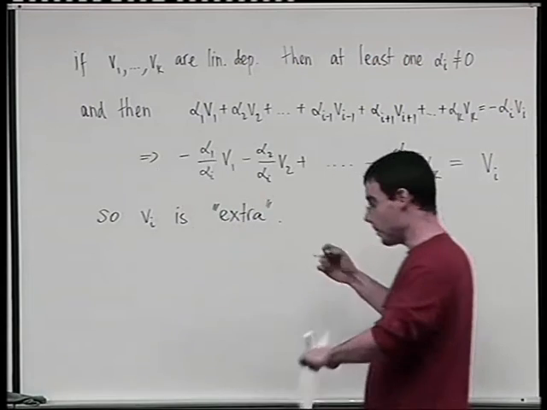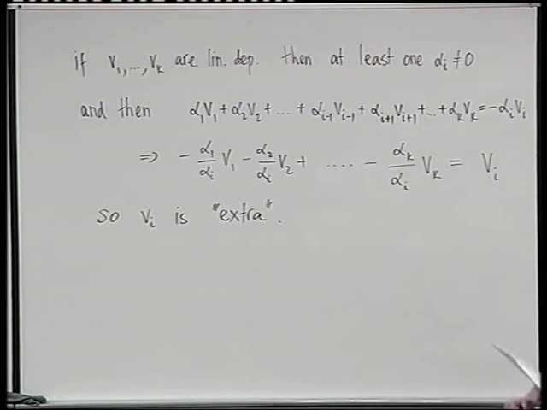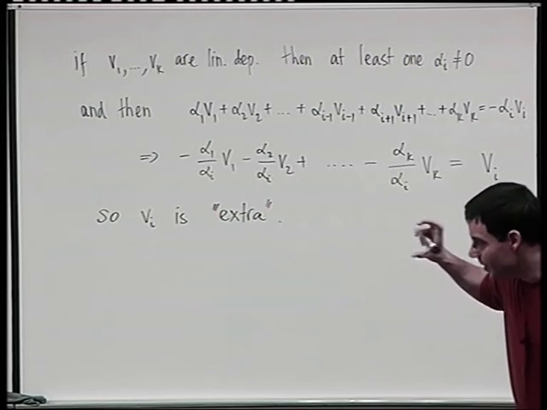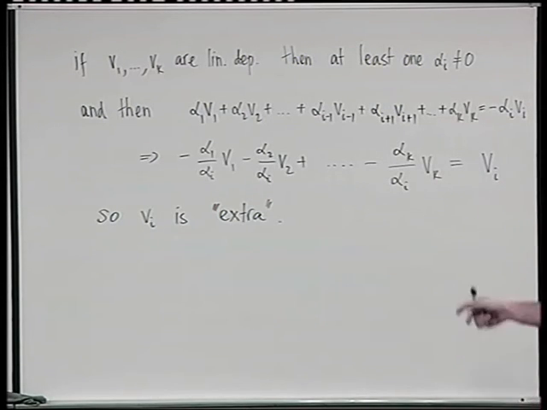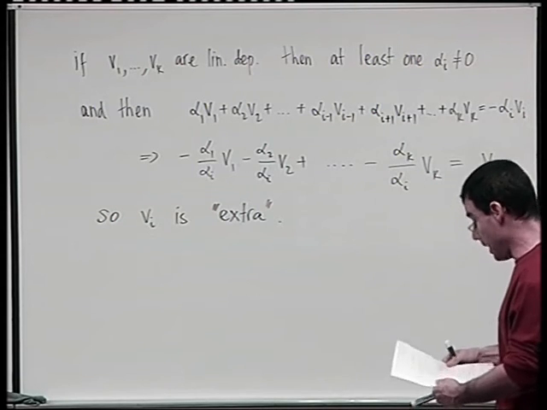It's a linear combination of the others. Clear? So is it clear why this definition really captures the phenomenon of having an extra guy in the set? Good?